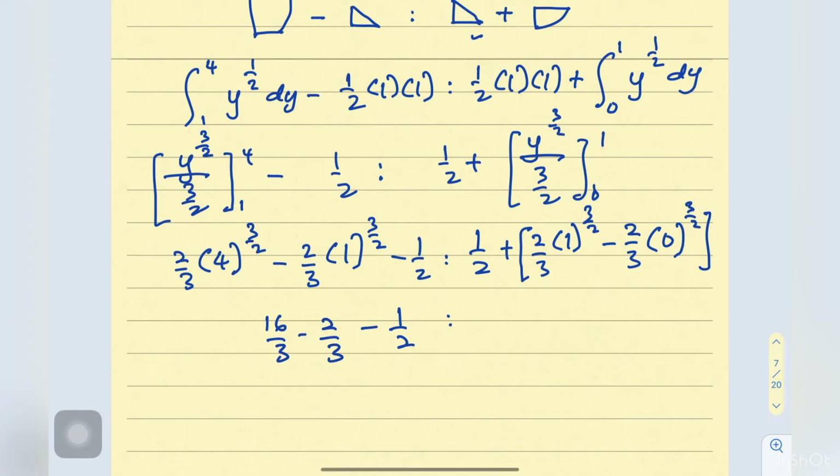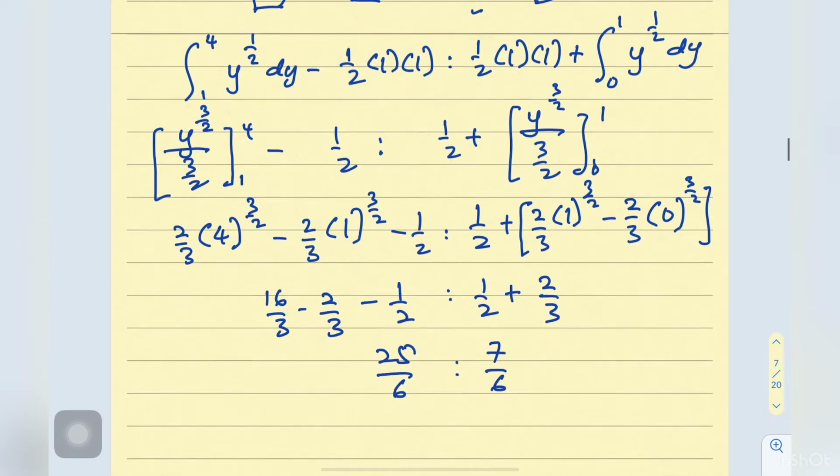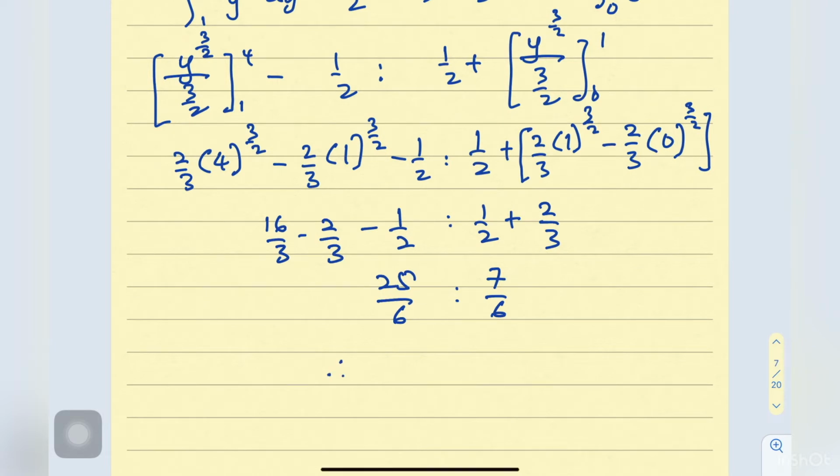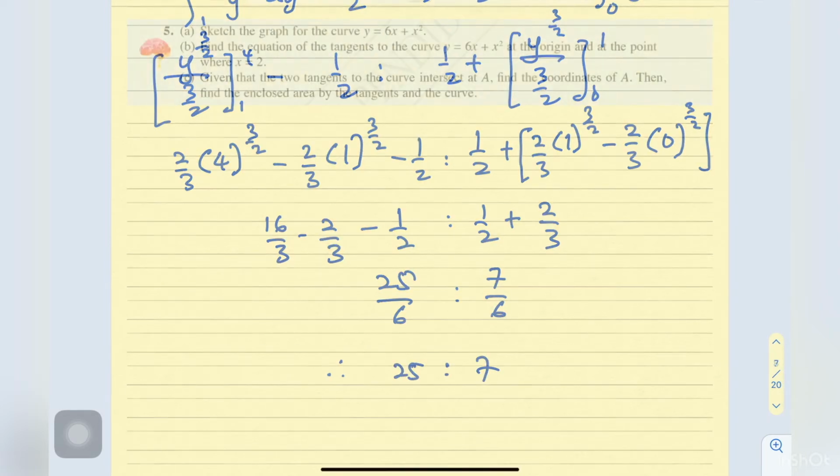Okay, that is 2, 1 over 2 plus 2 over 3. So 25 over 6 is to 7 over 6. So therefore, the ratio area P is to area Q is 25 is to 7.